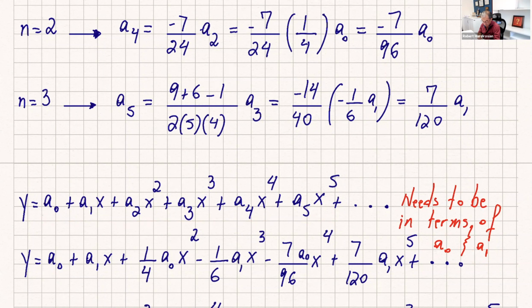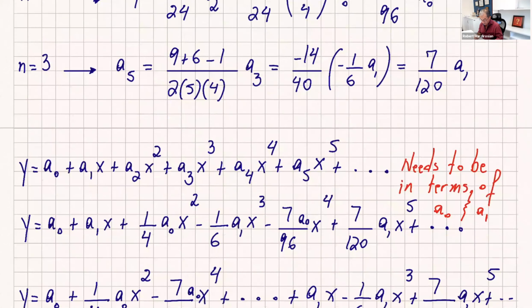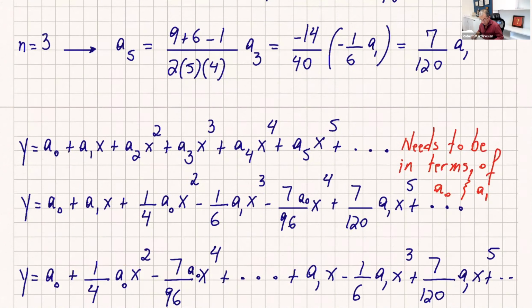Then you have a2, but what is a2? It is 1 over 4 times a0. So from here you substitute, and the rest are exactly the same thing. So if you have a3, you know that a3 is negative 1 over 6 times a1, times x cubed, and you get an idea of the solution.